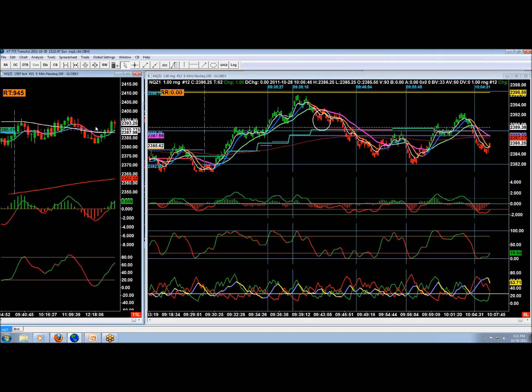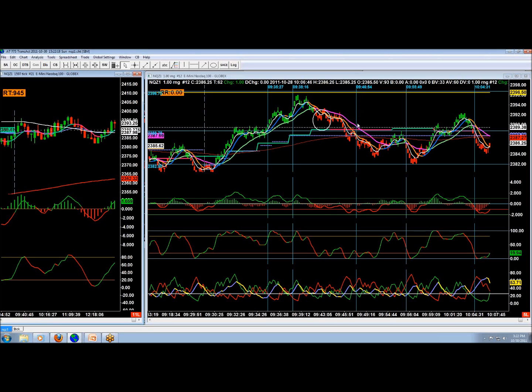For example, on the Russell, using a 6-tick range chart as your entry chart and a 1597 as the broader view, very often price is hugging that 9 weighted. It doesn't move very far away from it. So in that instance you may try to use something larger just for those reversal trades, like maybe a 2584 or 3,000, whatever it is. But the key is that it has to be creating distance between price and that 9 weighted.